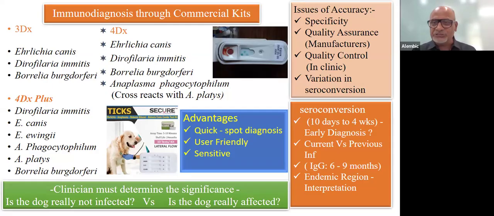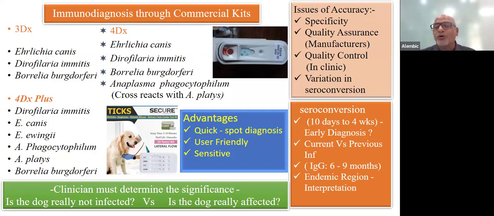Or in an endemic region, which is a more serious problem in India, as we all know, we are endemic for Ehrlichia, then Anaplasma, then hepatozoonosis, Babesia gibsoni also. So in an endemic area, whether these antibodies are a result of a previous infection, you are not in a position to differentiate whether the positive test denotes a current infection or a past infection, because in an endemic area the exposure is more.